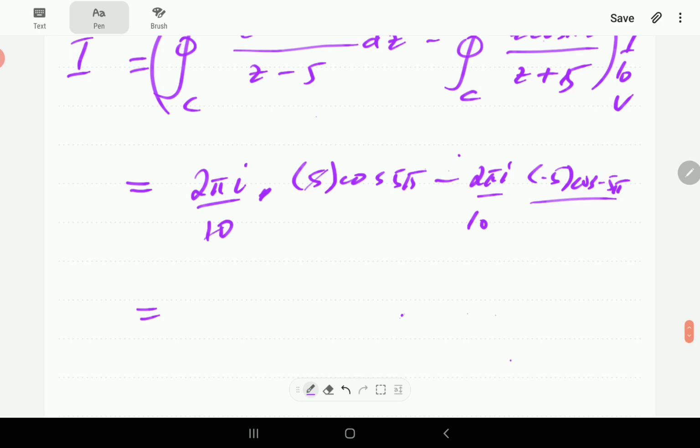This and this gives us pi i. Cosine 5 pi is negative 1, then minus, it's actually going to be plus, minus and minus there, so it's again going to be pi i. Cosine negative 5 pi is the same as cosine 5 pi, so it's going to give us minus 2 pi i. Okay.